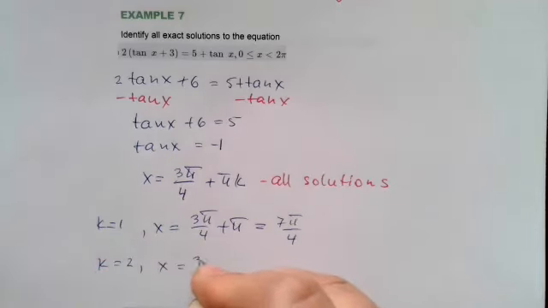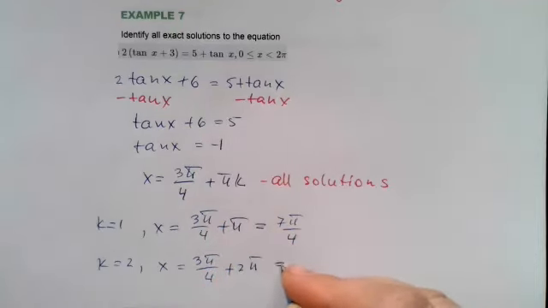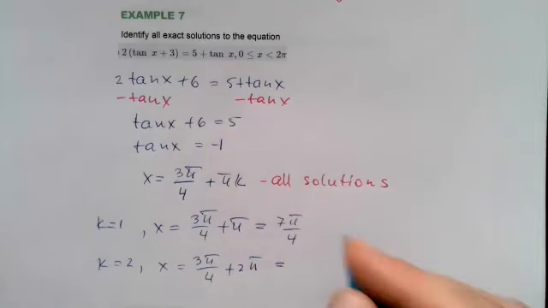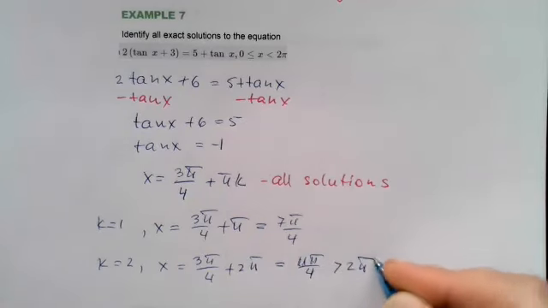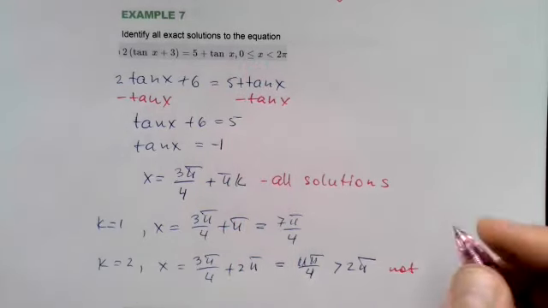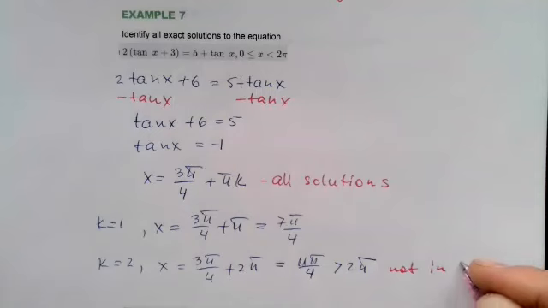We're going to have 3 pi over 4 plus 2 pi. Then that will give us actually 11 pi over 4, and 11 pi over 4 is greater than 2 pi. So this is not in the given interval.